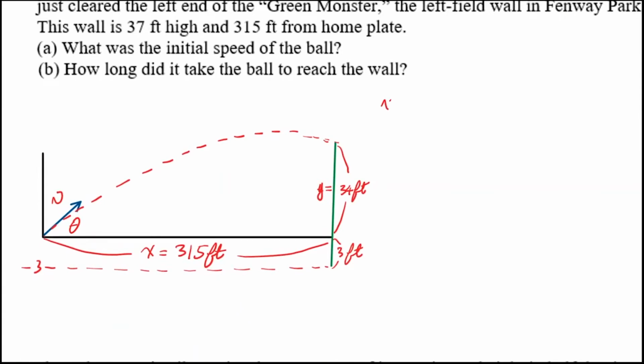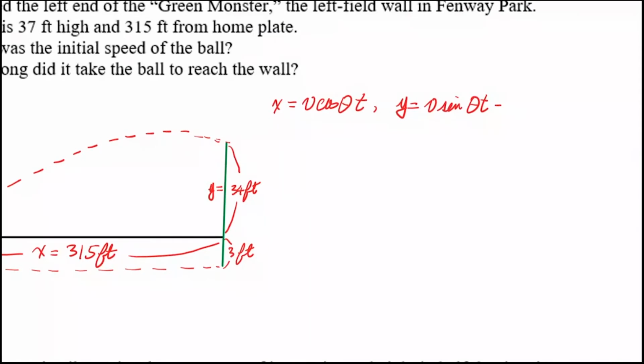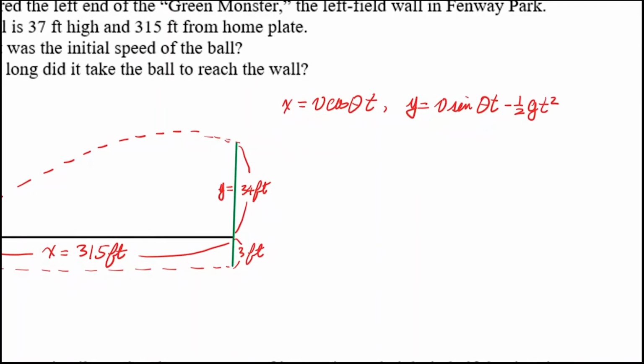So I have x equals v cosine theta t, and y equals v sine theta t minus 1/2 g t squared. But instead of using that, do you remember I combined these two? It's a healthy exercise. You should try it at least once in your life instead of memorizing this.